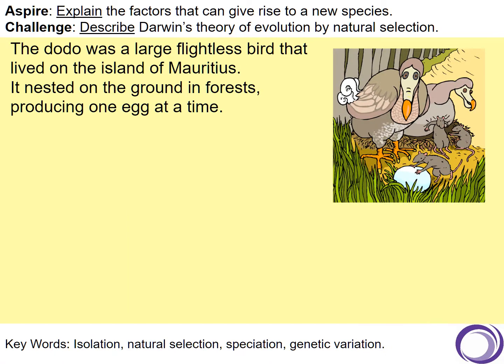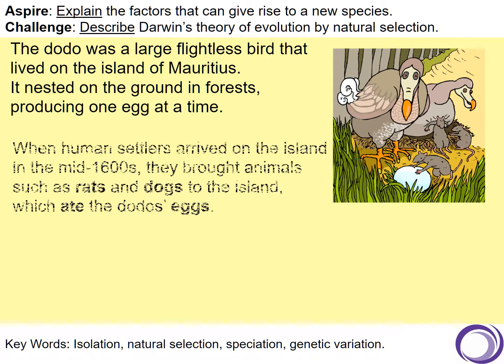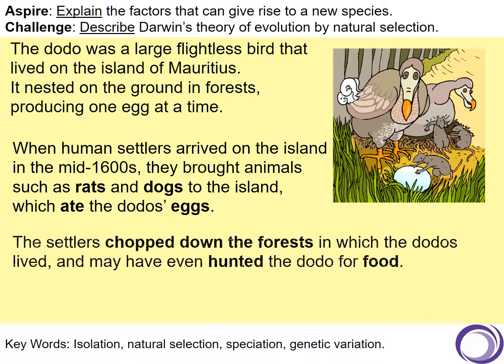Going back to the dodo then for a second. The dodo was a large flightless bird that lived on the island of Mauritius. It nested on the ground in forests and only produced 1 egg at a time. When human settlers arrived on the island in the mid-1600s, they brought animals such as rats and dogs to the island, which ate the dodo's eggs.